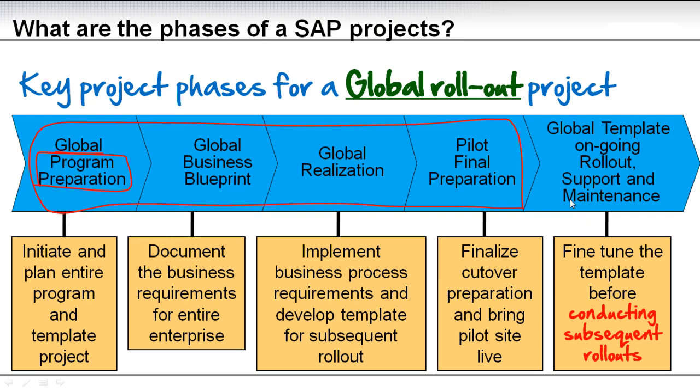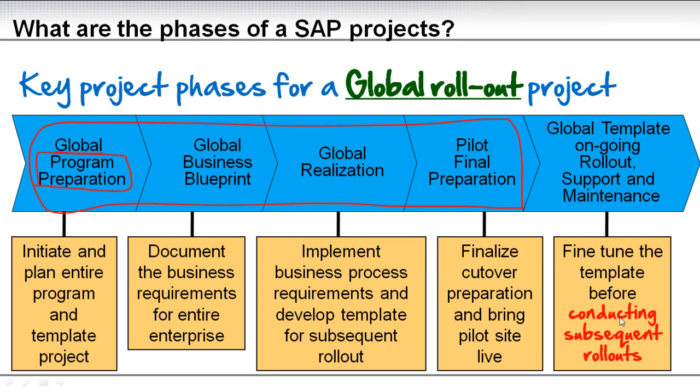Last one is then the global rollout. And here, normally on a global rollout, you will have one proof of concept location or more. And after that is done successfully, you consider your template verified and validated.